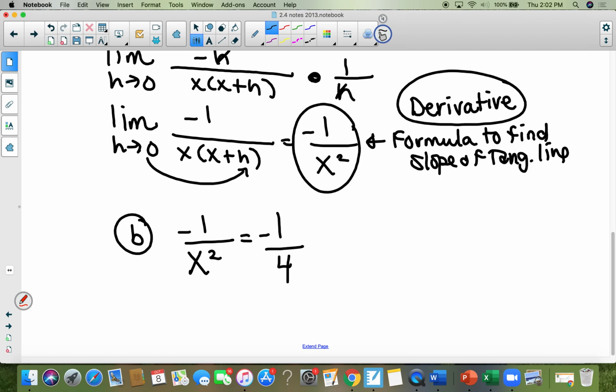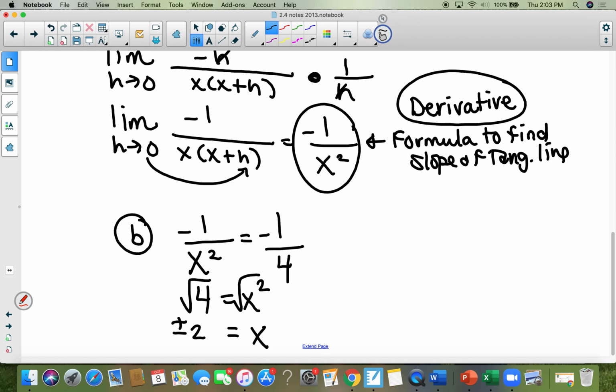Cross multiply, I get 4 equals x squared. Kristen already knew that it was 2. Square root. X equals, almost right. Whenever you square root both sides, you need a plus or minus 2. So it's not just that 2, it also has a slope of a negative 1/4 at a negative 2.